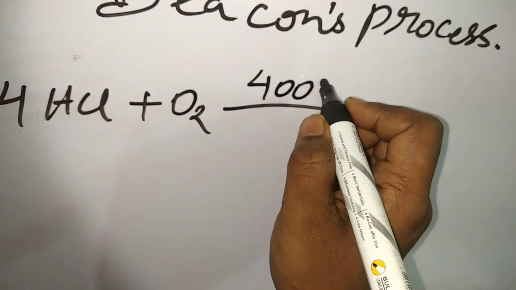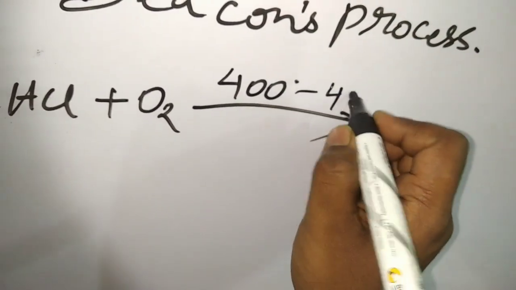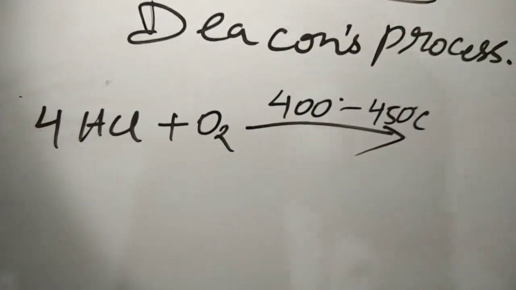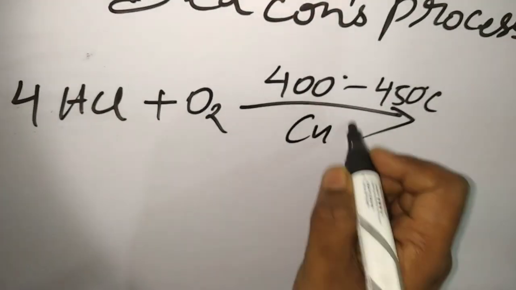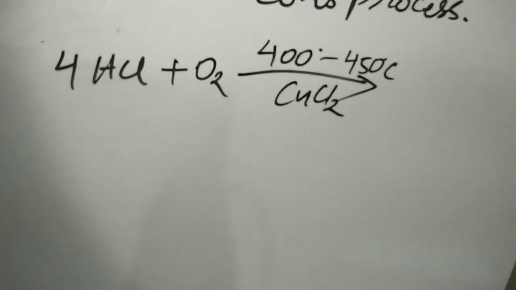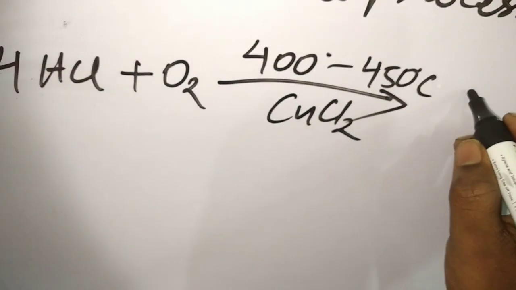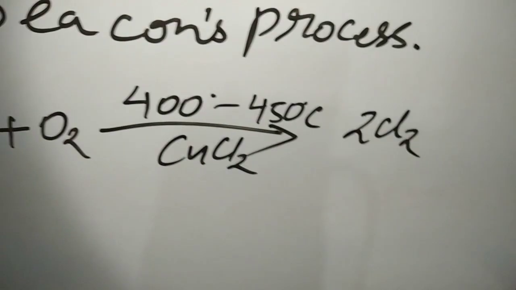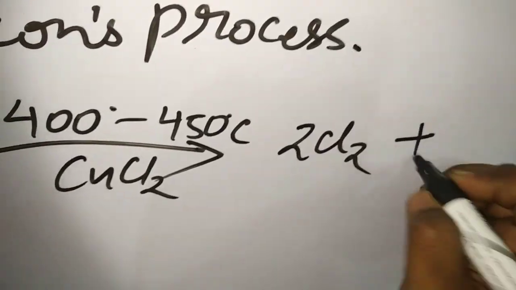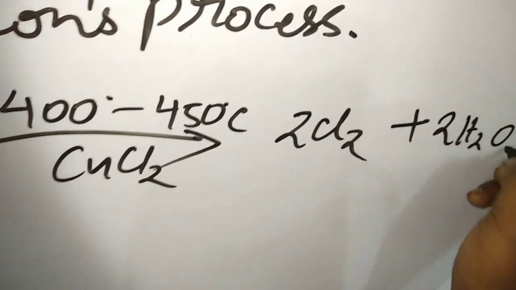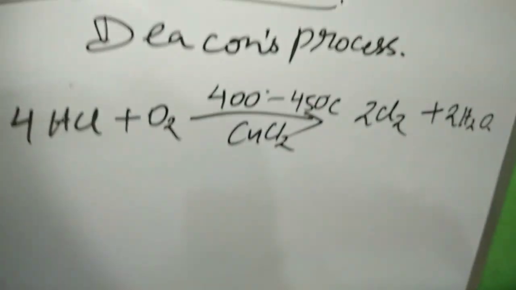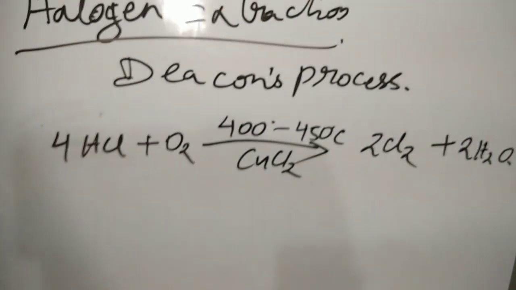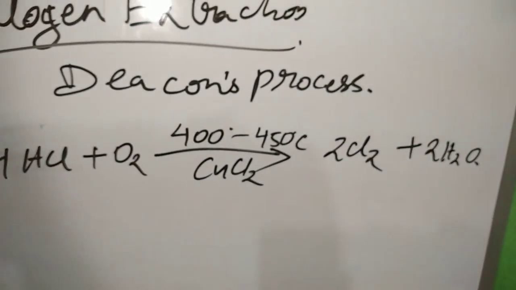Heat is given in the range 400 degrees Celsius to 450 degrees Celsius, and a catalyst is used, that is copper chloride. This copper chloride is a catalyst, nothing else. And then after we will get 2 chlorine and 2 H2O. See, this is the industrial process for extraction of chlorine, and this process is also known as Deacon's process.